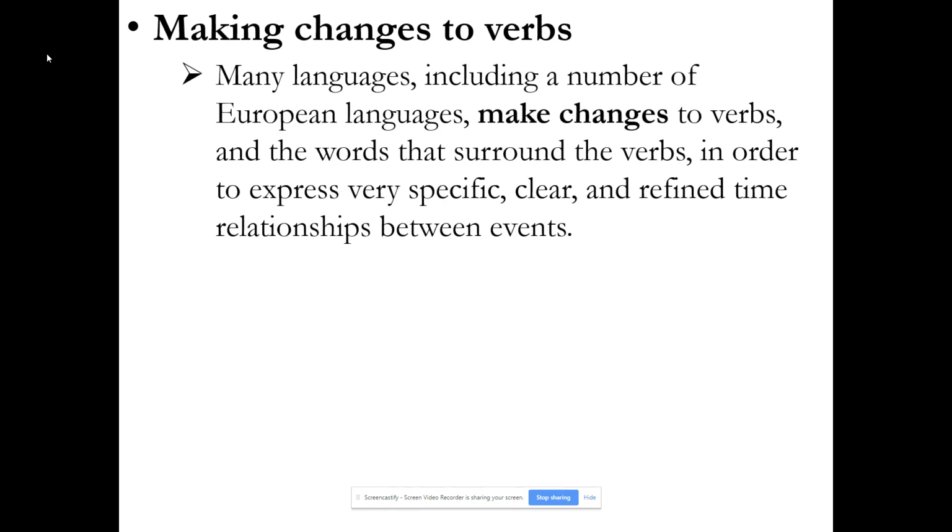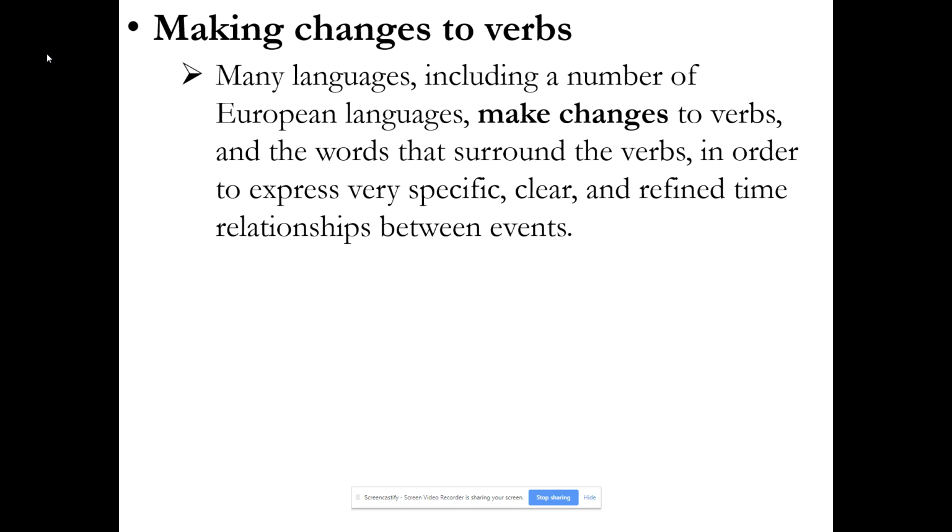A lot of languages require that in the process of expressing different ideas, one make changes to the verbs and the words that surround the verbs. In particular, speakers make these changes to the verbs and the words that immediately surround the verbs to express really specific, clear, and refined time relationships between events.